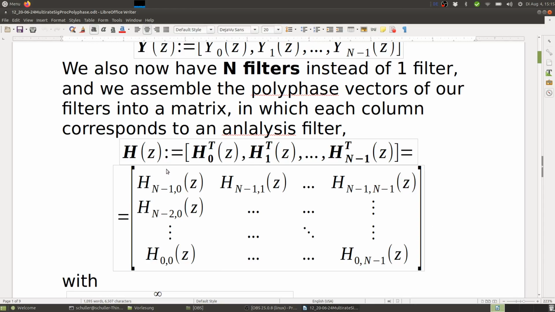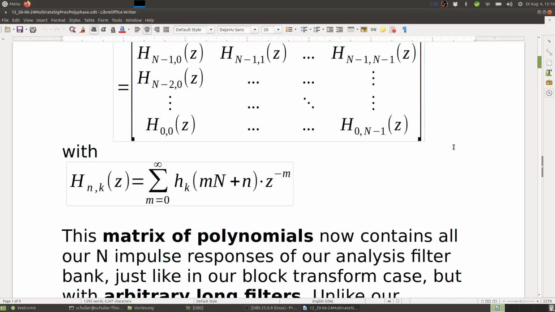Right. So here in the first column, the first index is the phase index, again time reversed as last time too, and the second index now gives us the subband. So here the second index is the subband number 0. Then in the next column we have subband index 1, and in the last column we have subband capital N minus 1. So each column is one of the N filters.